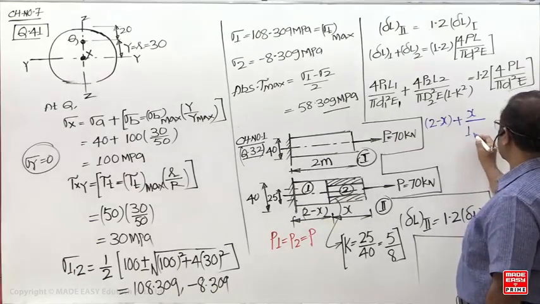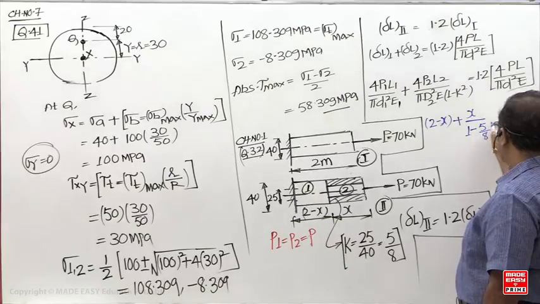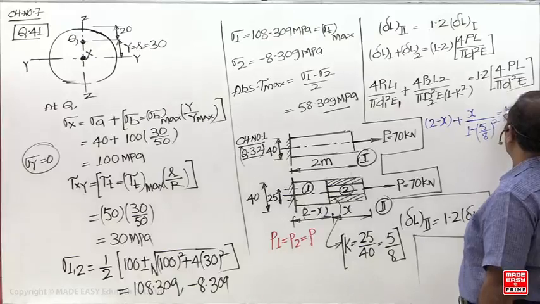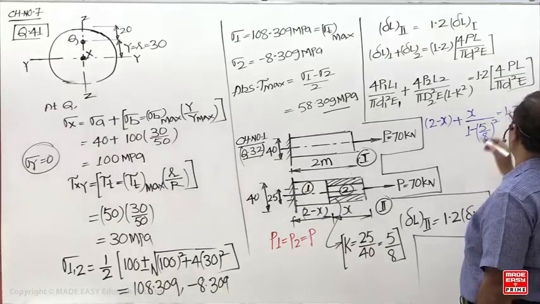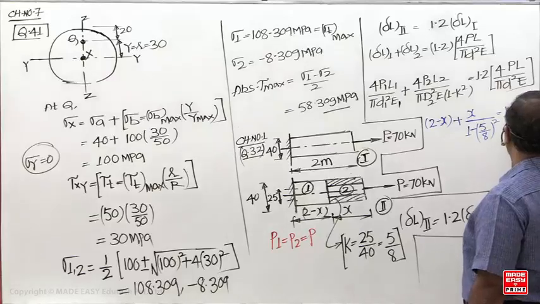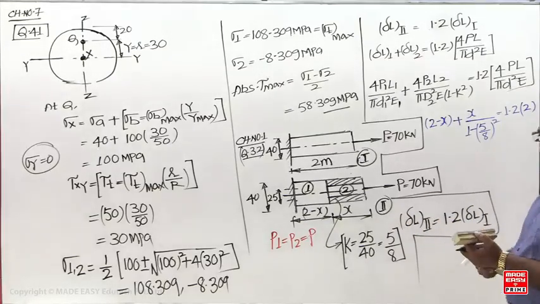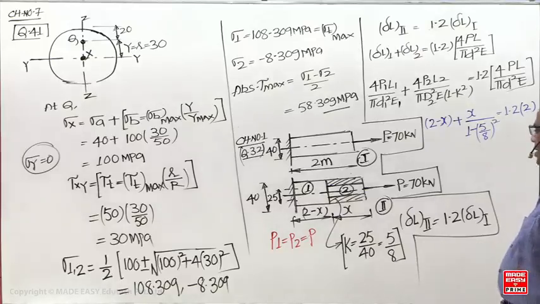What is 1 minus k square? K is how much now? So simplify this one, you are going to get the x value now.